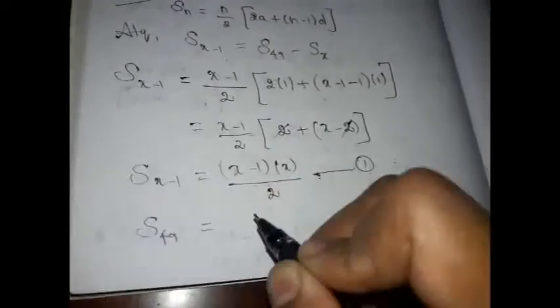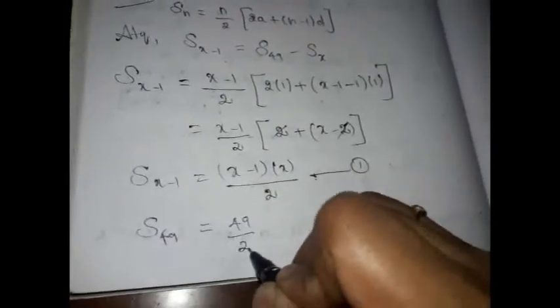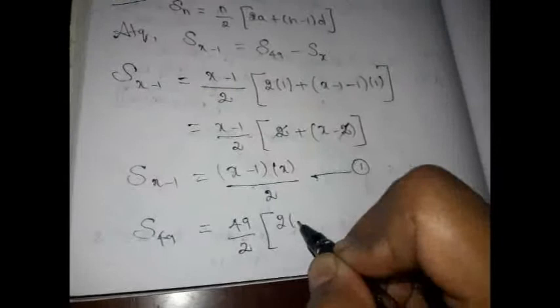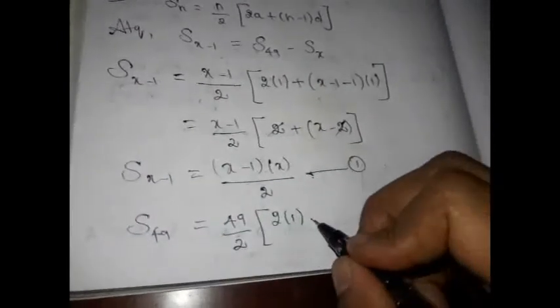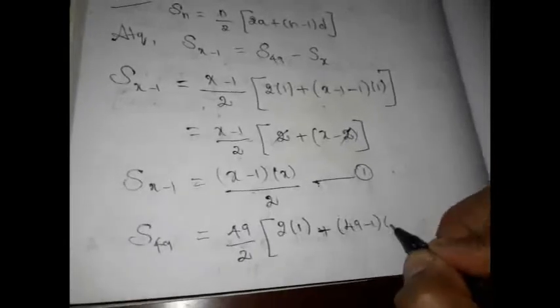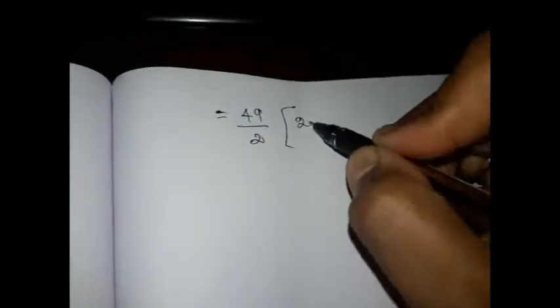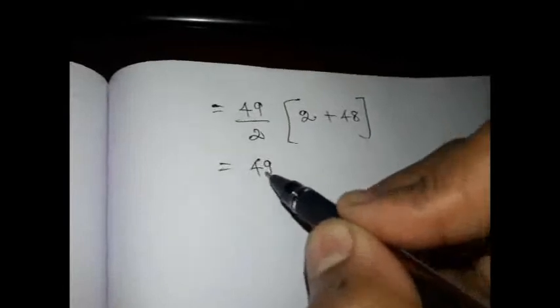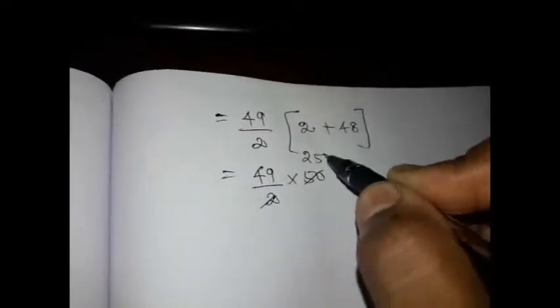S 49 is going to be 49 divided by 2, 2 into a, 1 plus n minus 1 is going to be 49 minus 1 into d, which is also 1. So it equals 49 divided by 2 into 2 plus 48, which equals 49 divided by 2 into 50. So 25 twos are 50.